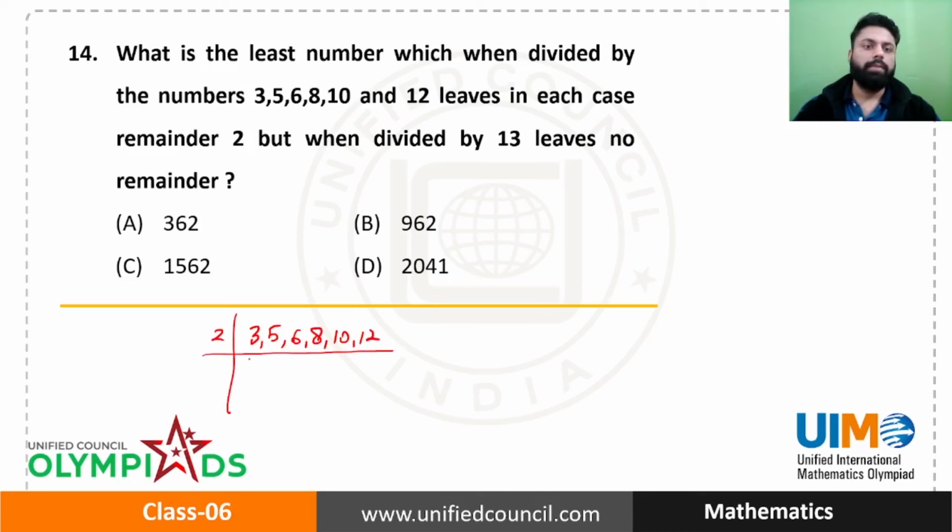So when you divide it by 2, this is 3, this is 5, this is 3, this is 4, this is 5 and 6. Then by 2, 3, 5, 3, 2, 5, 3. Then by 3, so 1, 5, 1, 2, 5, 1. Then by 5, 1, 1, 1, 2, 1, 1.